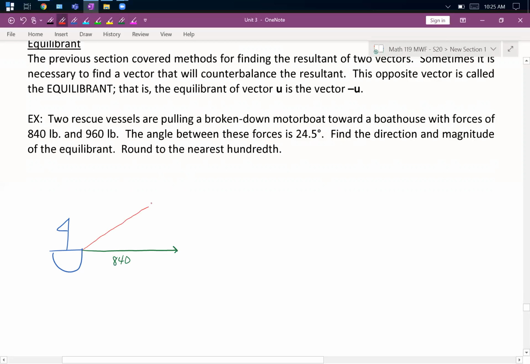I know this looks way more like 45, but I felt like if I made it too small, we wouldn't be able to see it. And then we'll create our parallelogram.